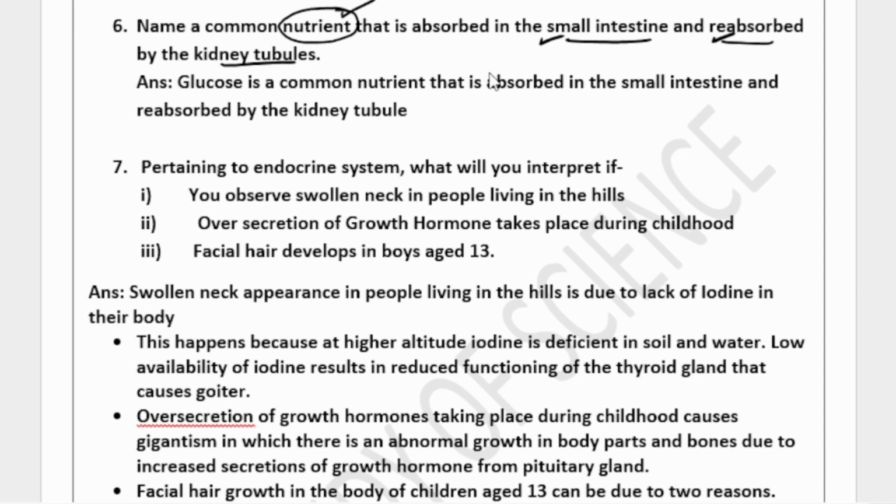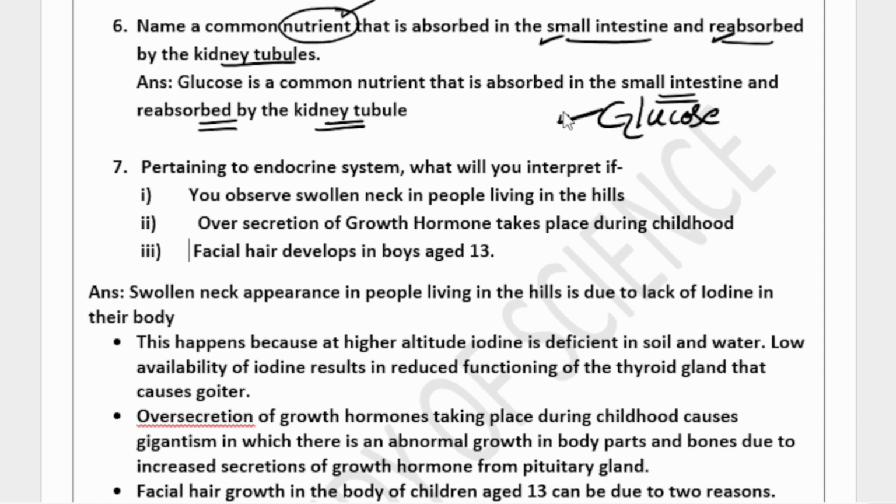Okay. See, what is first of all absorbed in the small intestine? See, the food which has been completely digested will be converted into glucose. Correct? So this glucose is absorbed in the small intestine. And the same glucose will also be reabsorbed by the kidney tubules, because this is needed by the body.